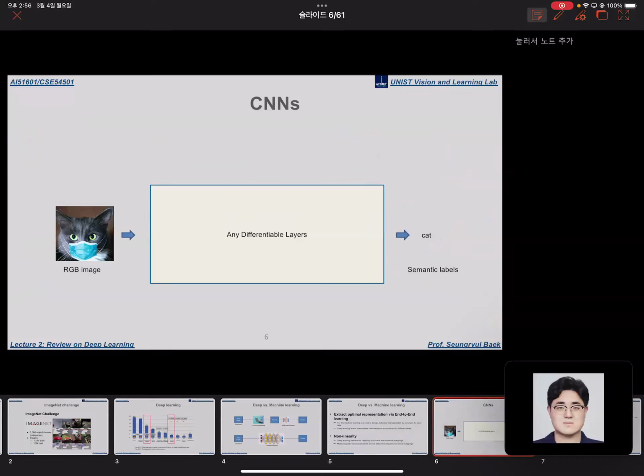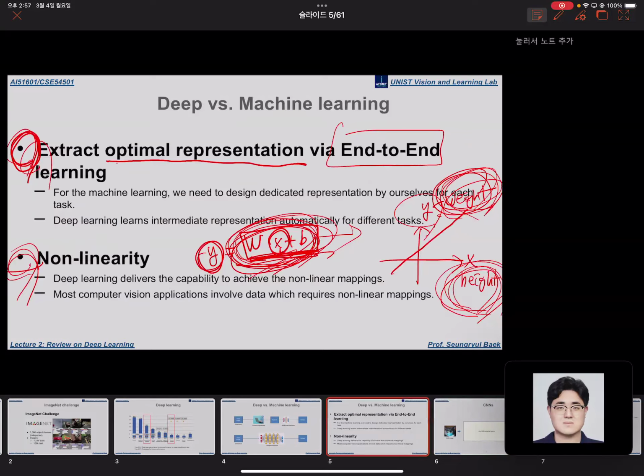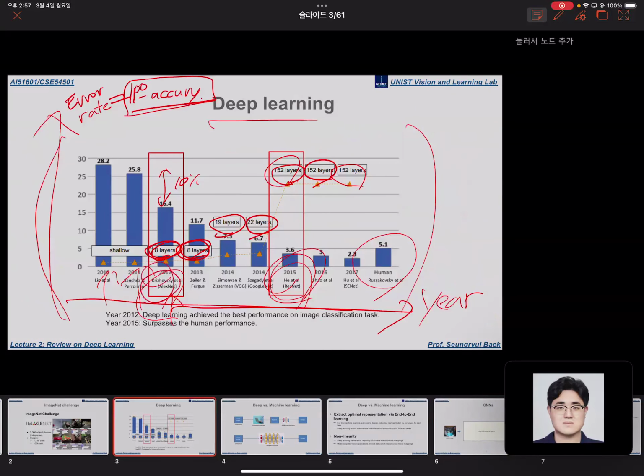So this CNN was not the first, but was a very popular deep learning architecture that was proposed here. Okay, before 2000, there were some other deep learning architectures that stack multiple layers. If we stack multiple layers, it is called deep learning, right?